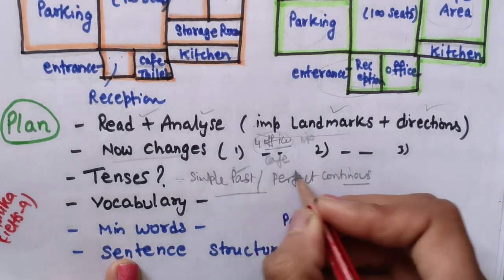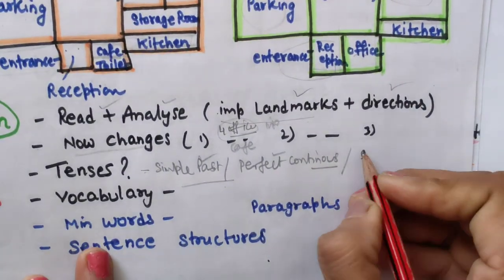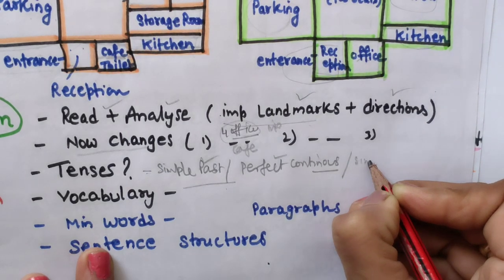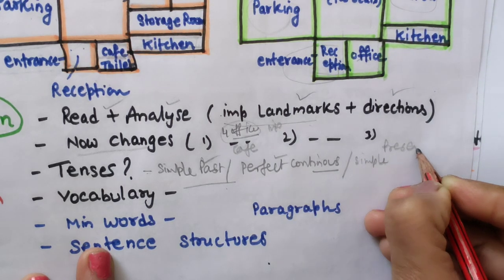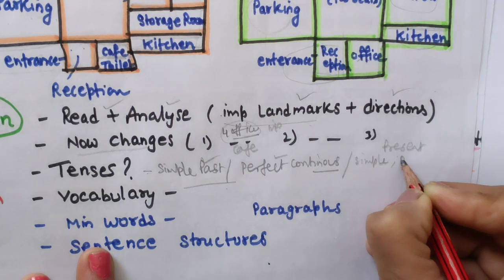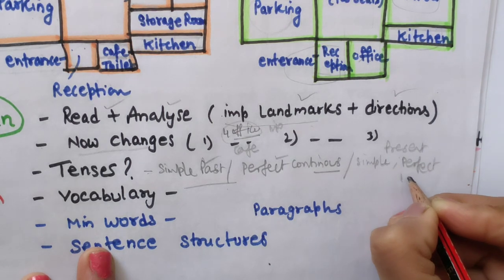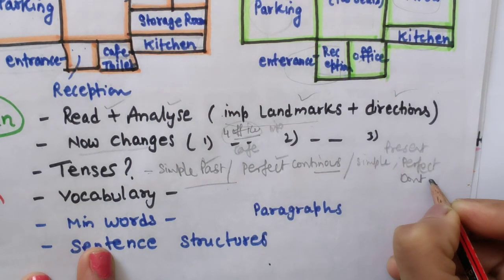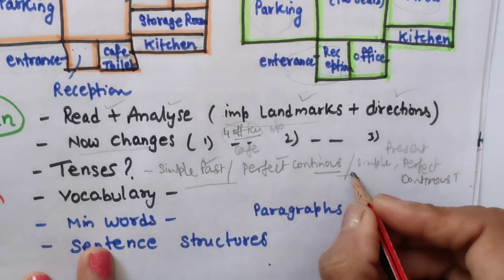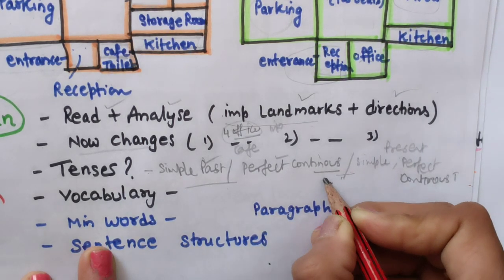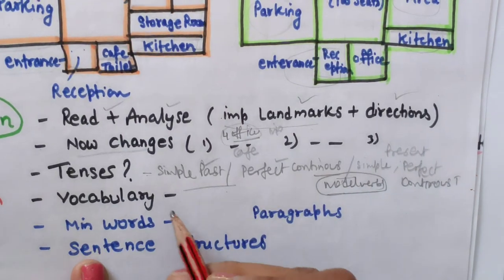These two tenses you should use for the past. But for the present map you will be using simple present tense. Perfect continuous tense is very important in your writing task 1, meaning have been, has been. These are the tenses you should use. Of course, modal verbs also you will be using.